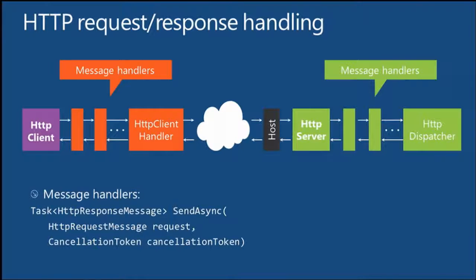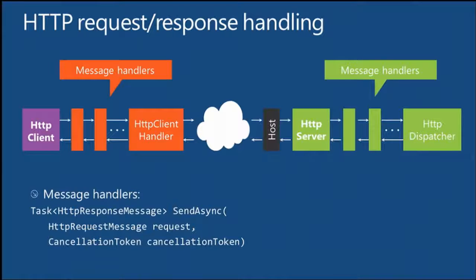You can see the message handler abstraction at the bottom there. It's really simple. It's a thing that has a send on it, and you give it the HTTP request message, and then it's going to return you an HTTP response message. And it's async, so it returns task of HTTP response message. You can cancel in these things. You can return right away. Pretty flexible and scalable HTTP pipeline model.